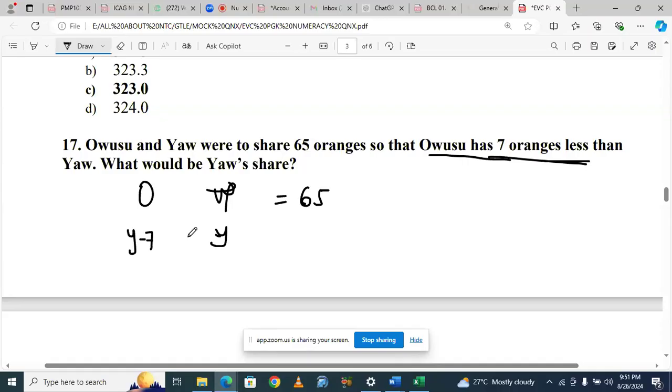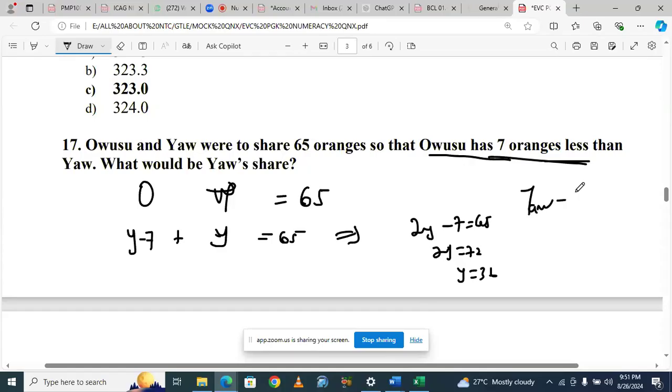Just similar to all the things we have solved. So you should be able to try this on your own, which invariably would end up becoming 2y minus 7 equals 65. 2y equals 72. y equals 36.